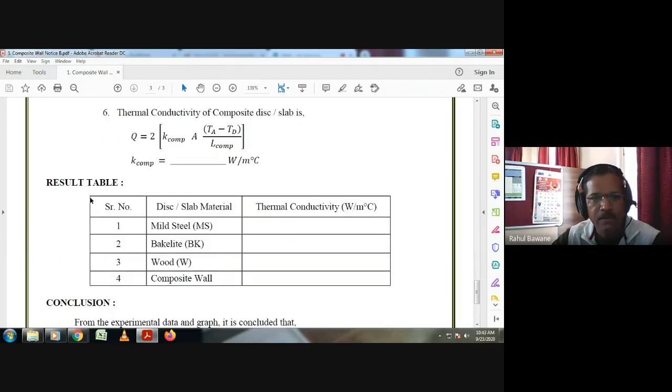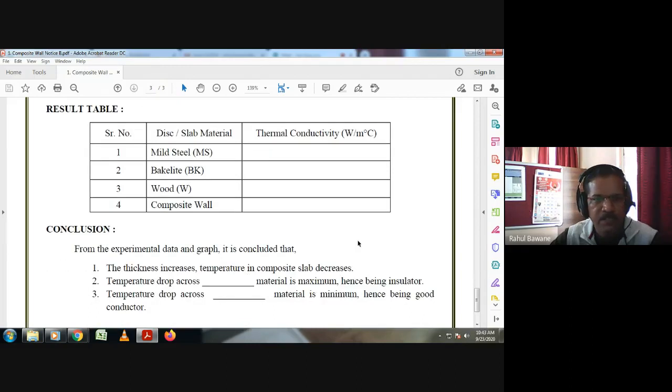This will be our result table, where we write down the thermal conductivity of mild steel, bakelite, wood and composite wall. And from this we have to conclude, and definitely no doubt, that from the heater to the outer side, to the wooden plate, as the thickness increases, the temperature in the composite slab decreases.